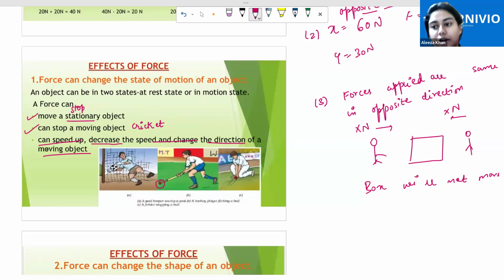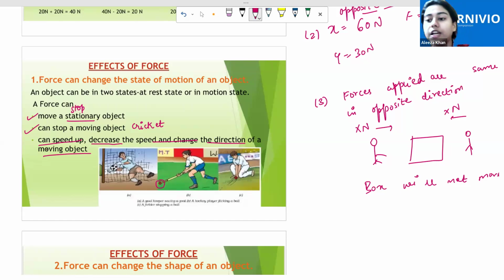You can give the example of a car also. A car that was stationary at a point. Let's take the example of the car over here, you would be able to relate all three aspects. The car was still, the car was stopped. Now the person has moved the car with speed. That is the speeding up. Now let's say after moving there is a speed breaker in between. So the driver has decreased the speed of the car to move over that breaker.